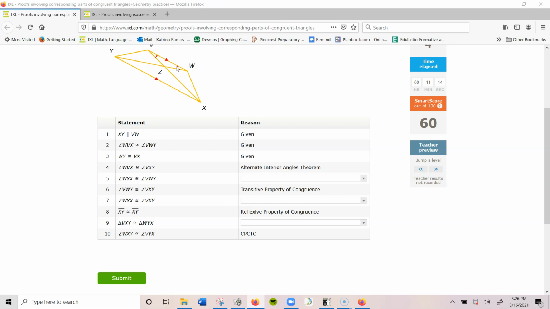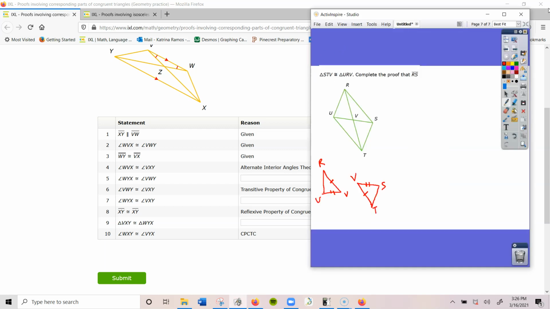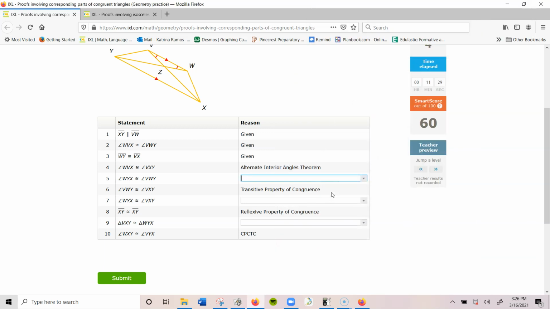Those are congruent because those are alternate interior angles. Whenever you have parallel lines, this is the transversal, or this is also a transversal, but those angles are created by this transversal. And they are on the inside of the parallel lines and on the opposite sides of the transversals, so alternate interior angles. Then, let's see here, how did they come up with the transitive property?